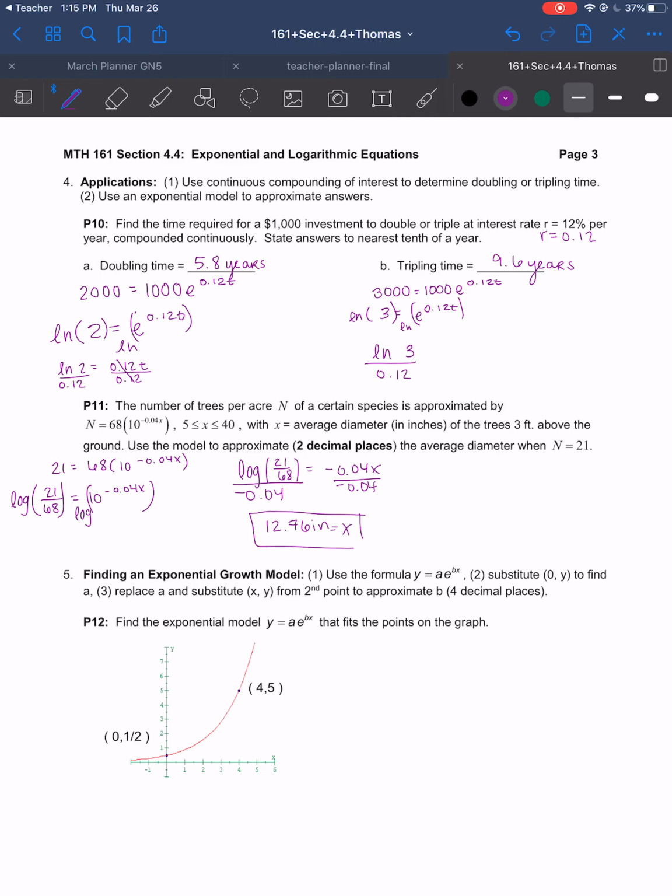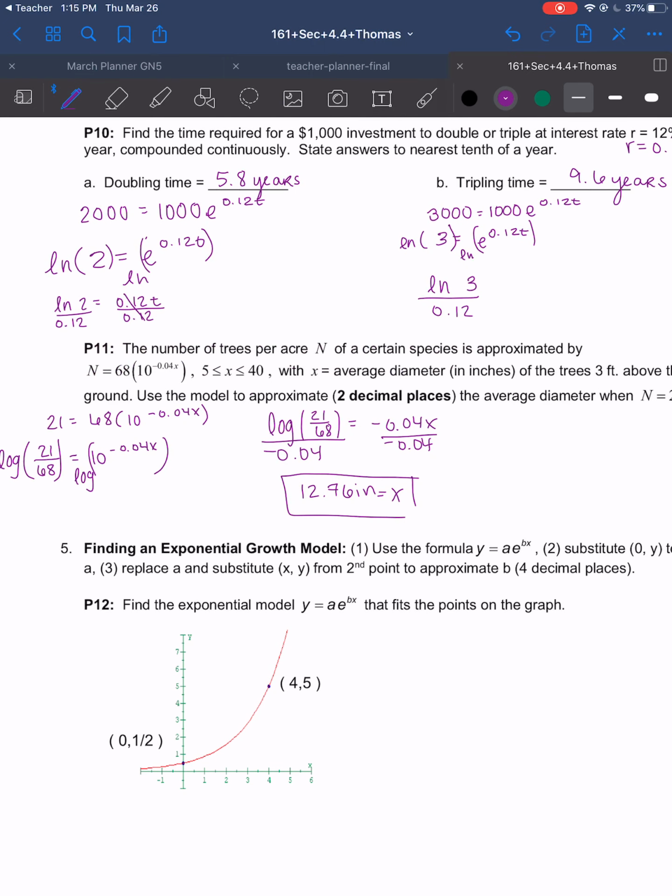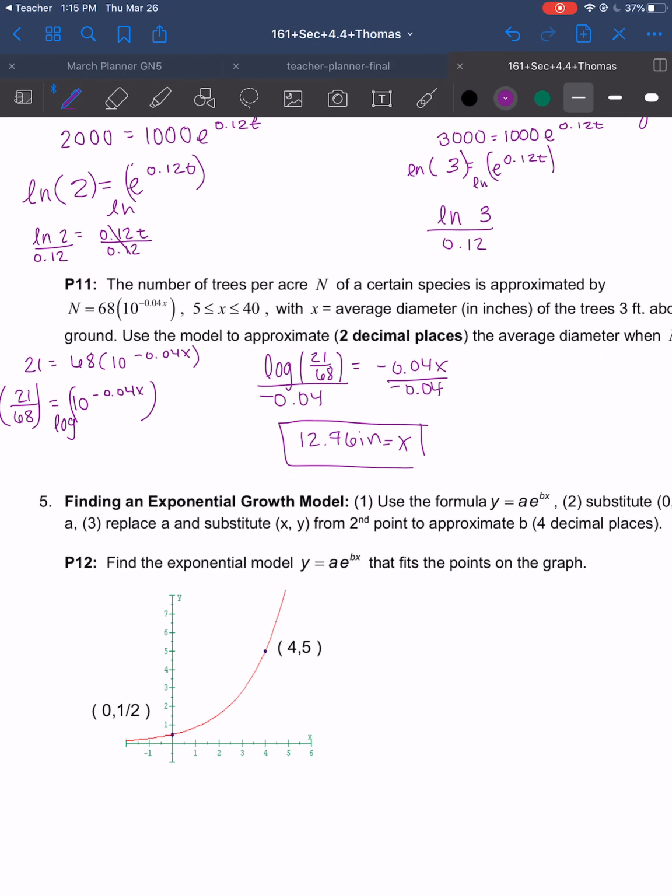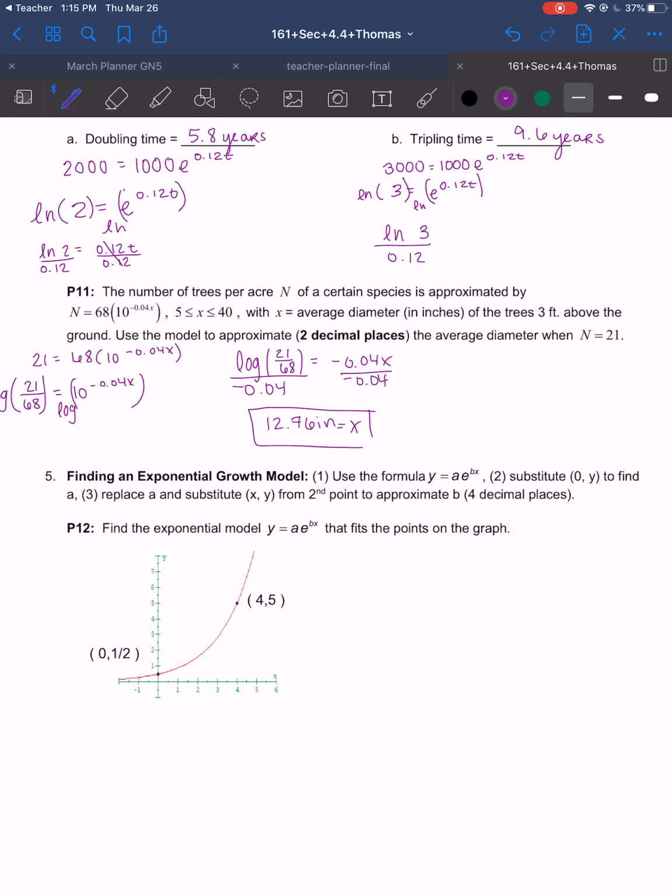So, last but not least, pretty sure. Yeah, not quite. We got this one on this page. Last one on this page. So we're going to use the formula to find this growth model here. Since we are given the y-intercept, we're going to use that first, because it's easy.